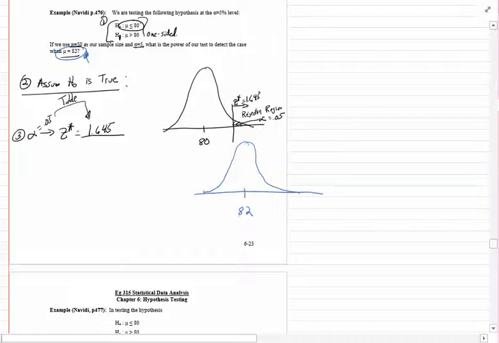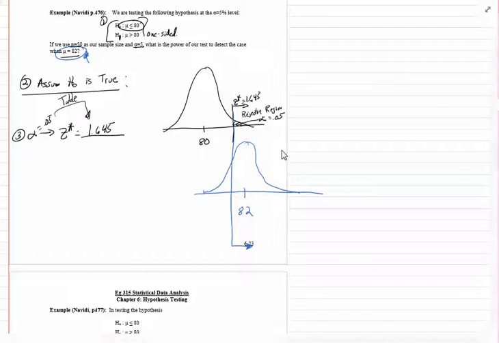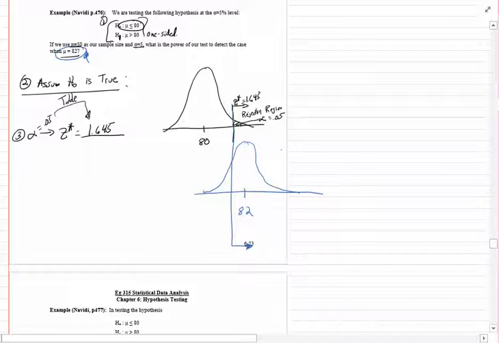And one key thing to do is to just extend your rejection region down here. And now think of, if the mean really is 82, then the data would come from this bottom region, right?